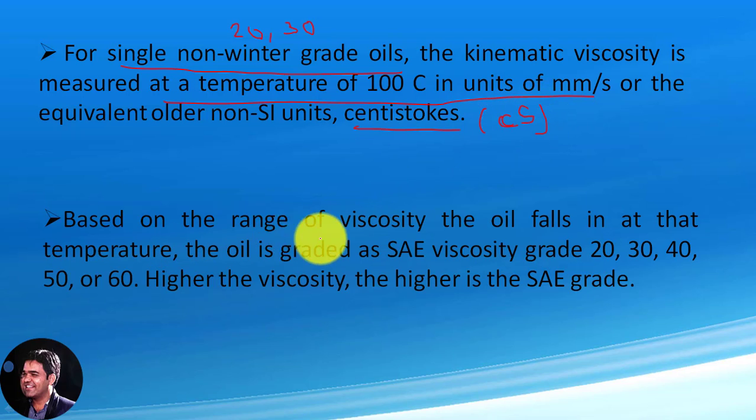Now, based on the range of viscosity the oil falls in at that temperature, the oil is graded as SAE viscosity grade 20, 30, 40, 50 and 60. These 5 grades are utilized for the higher temperature range. The higher the viscosity, the higher the SAE grade.